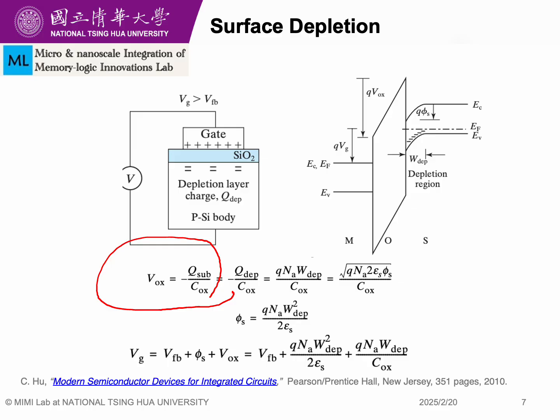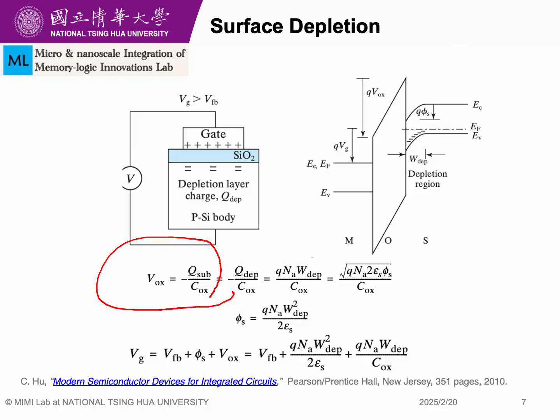the COX, and this is true for most of the conditions. Now the substrate charge is equal to the depletion charge, and from our previous learning we know this is the equation of the depletion charge, which can be further extended, and then we can see that we have some surface potential which is given by this term here.